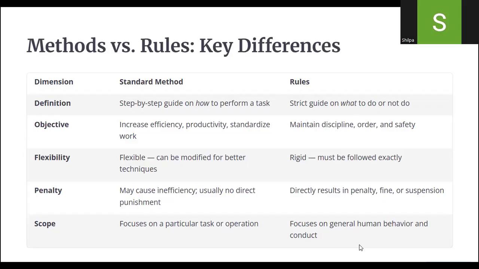Now, what is the scope? Standard method is going to focus on a particular task or operation. Okay.